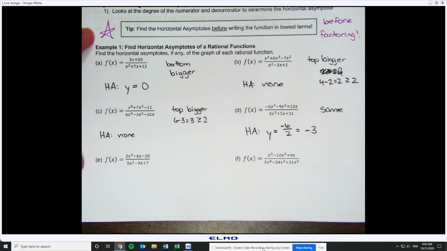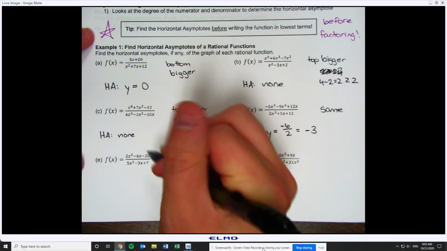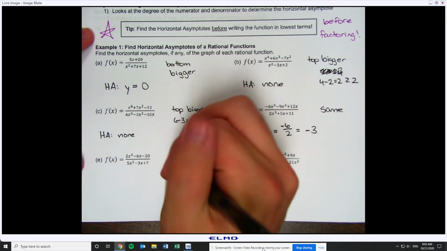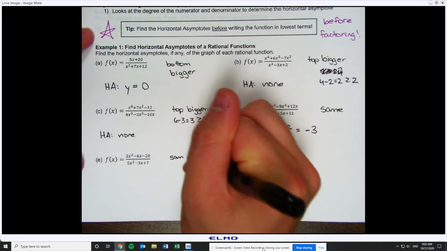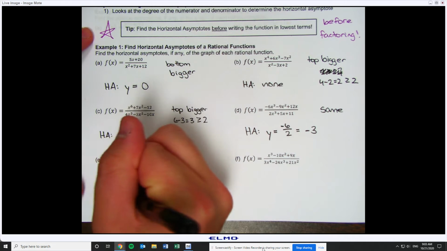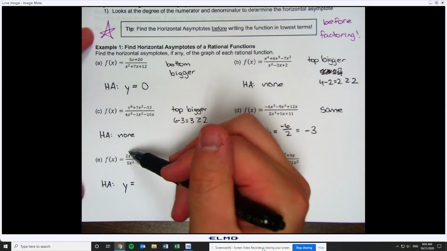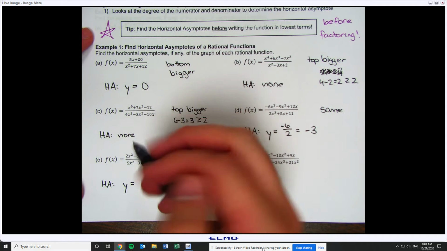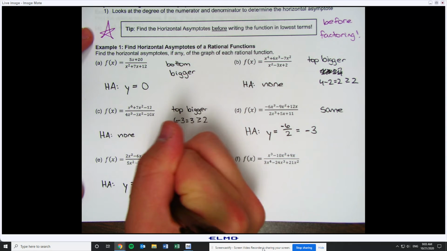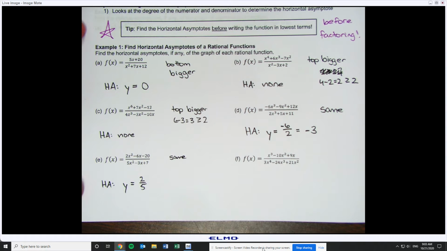Y equals -3. Okay, now over here, I see that my degree on top is 2, my degree on bottom is 2. They are the same. So my horizontal asymptote is going to be the front numbers, 2 over 5. All done.